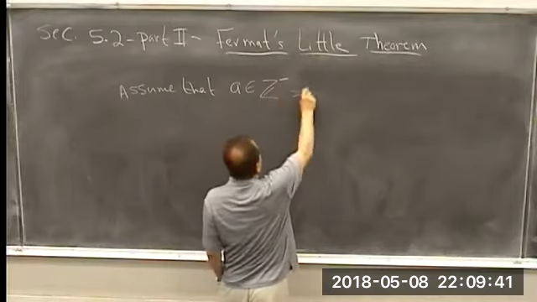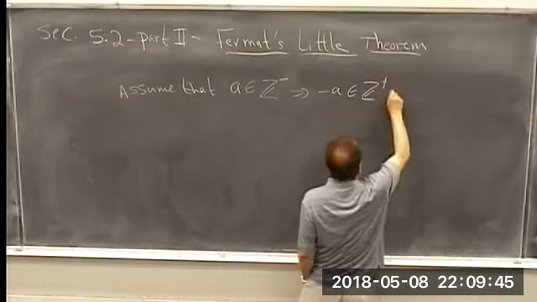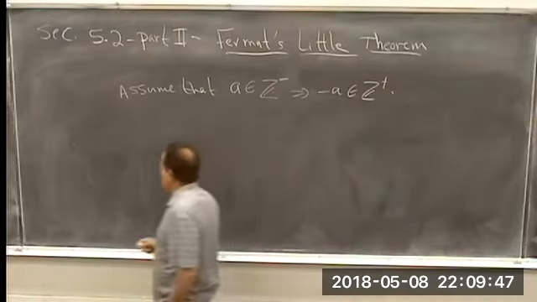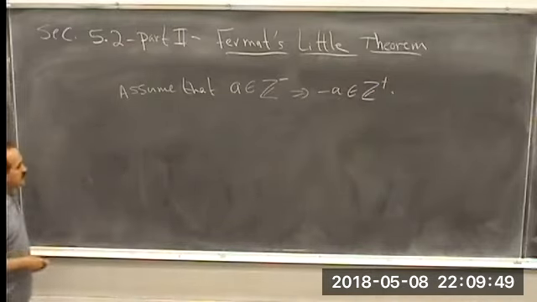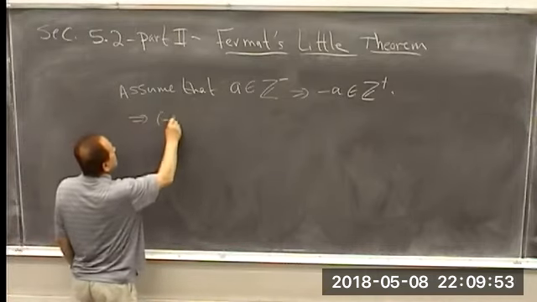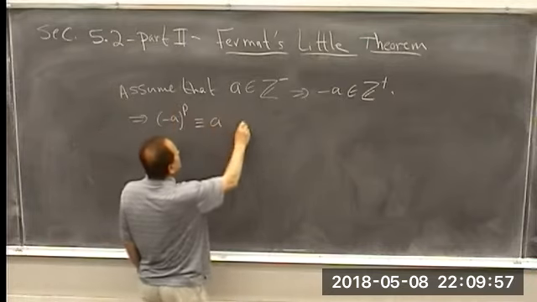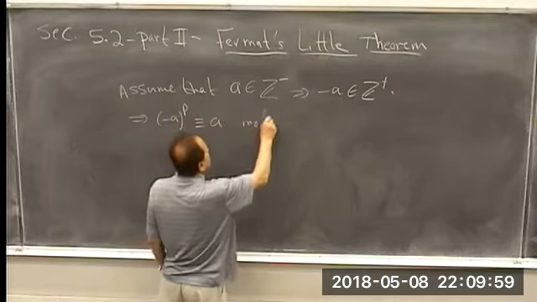Well, this implies negative a is going to be in the positive integers. Then by the first part, we have negative a to the p is congruent to negative a mod p.